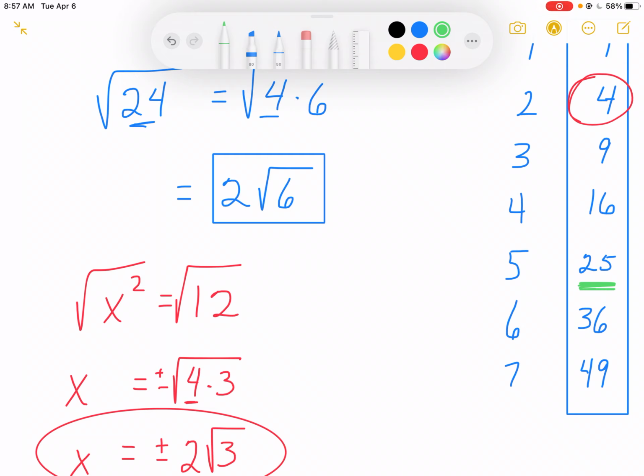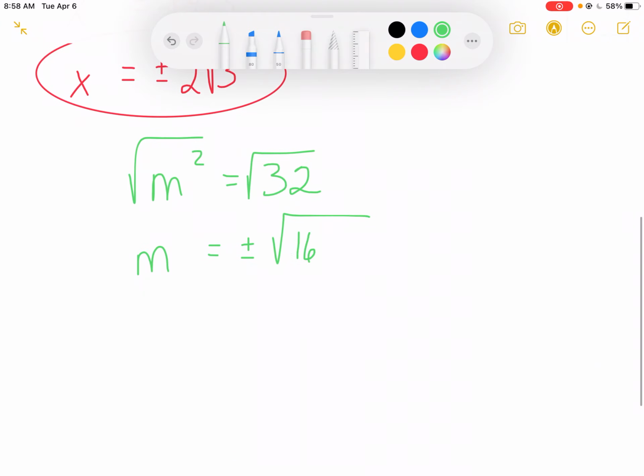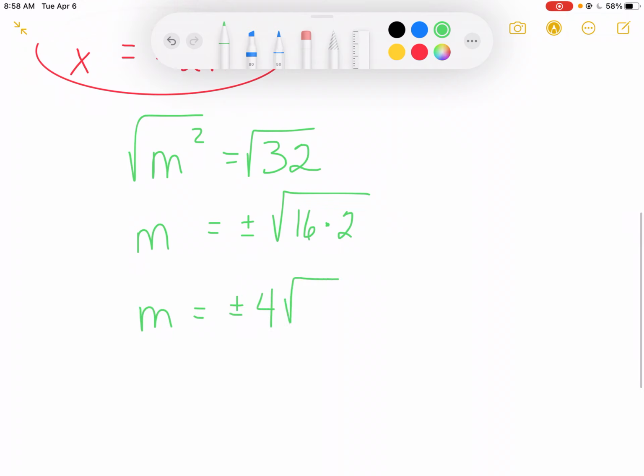Can you do 32 divided by 25? No, you'll get a decimal. Can you do 32 divided by 16? Working this way. 32 divided by 16? Yes, that works. So 16 times 2. If you take the square root of 16, you get 4. And so you leave the 2 inside the square root. So you would have positive and negative 4 square root 2.